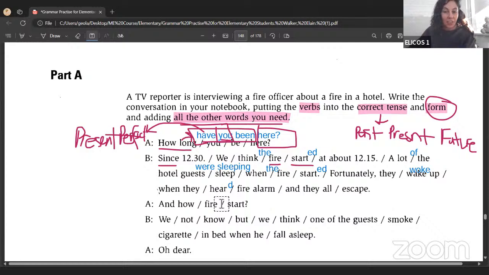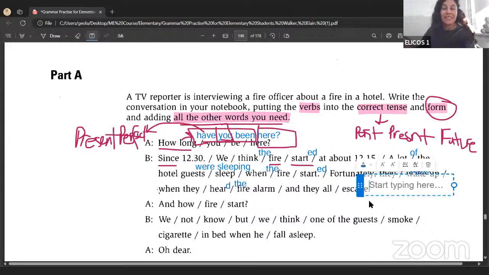When they heard, again, we have a noun, so we need an article. When they heard the fire alarm. And they all escaped. That's a past action which is complete and finished.